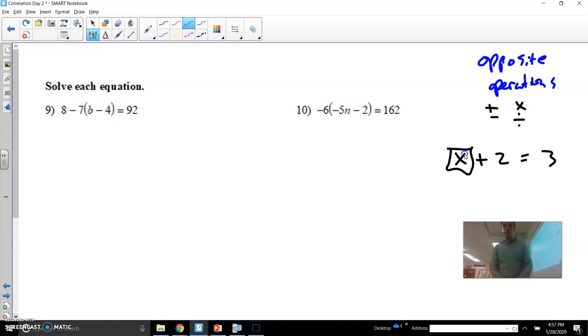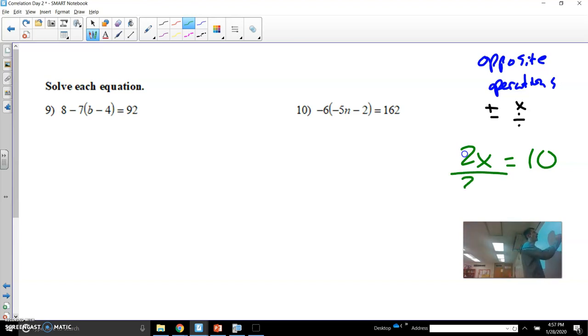But to solve for that, I would have to undo the way that that would work and use subtraction to determine, oh, well, 1 plus 2 is 3, just like 3 minus 2 gives me 1. And so similarly, if I was using multiplication, like 2x equals 10, multiplication is in algebra when they're against each other.